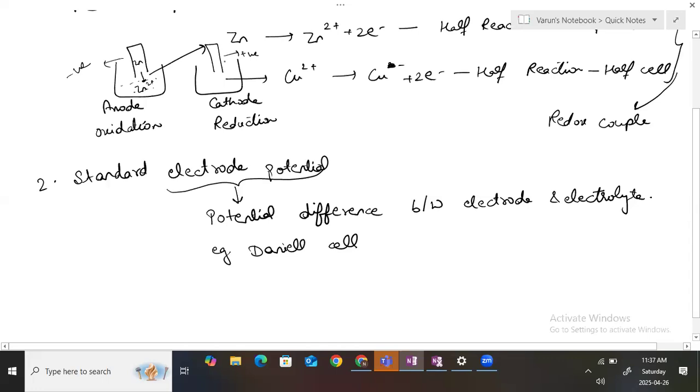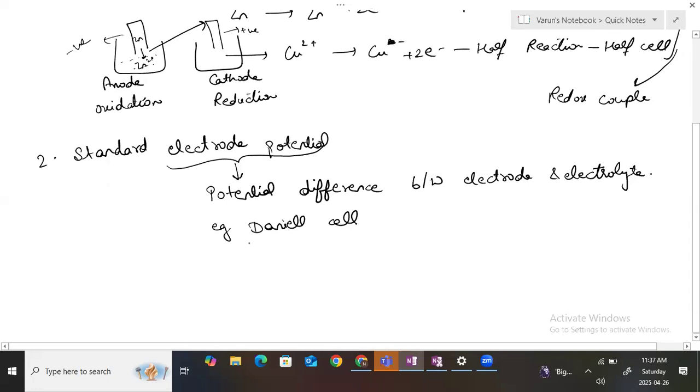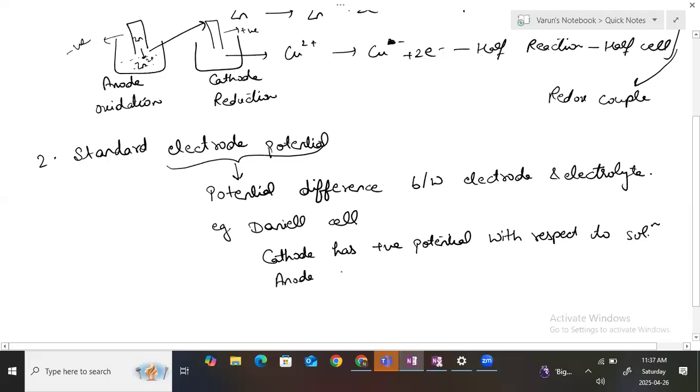Yes, ma'am. So we can say that in the Daniel cell, the cathode has positive potential with respect to the solution, or I can say that the anode has negative potential with respect to the solution.